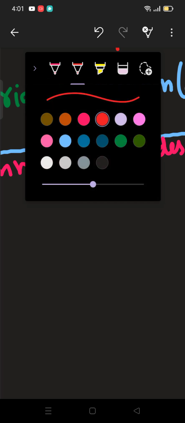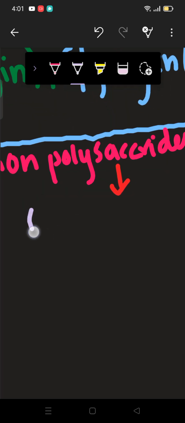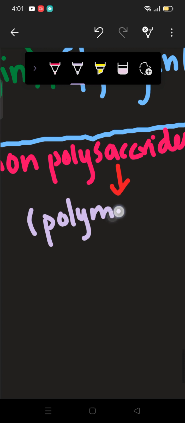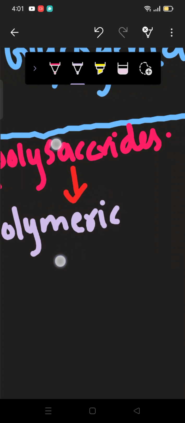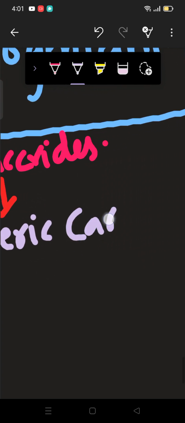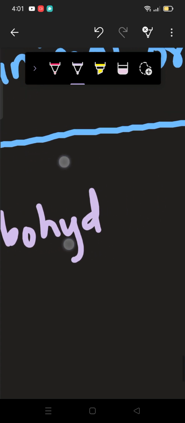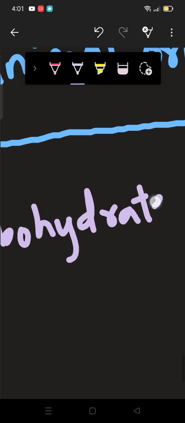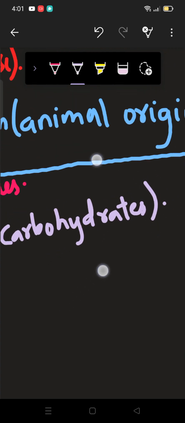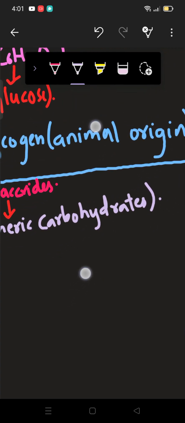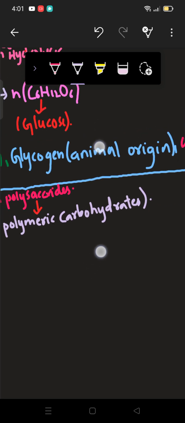These are known as polymeric carbohydrates.